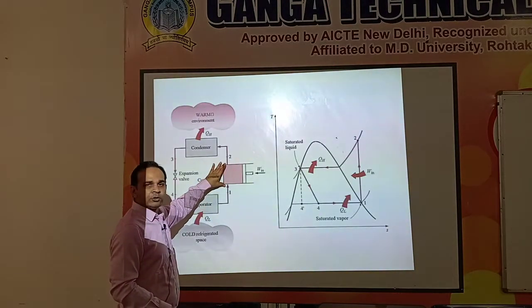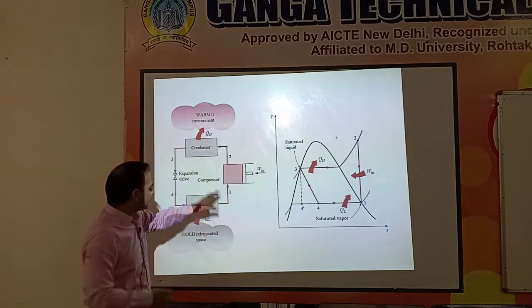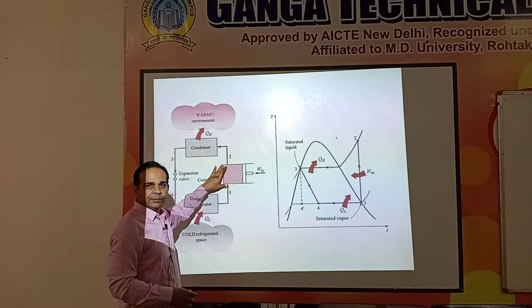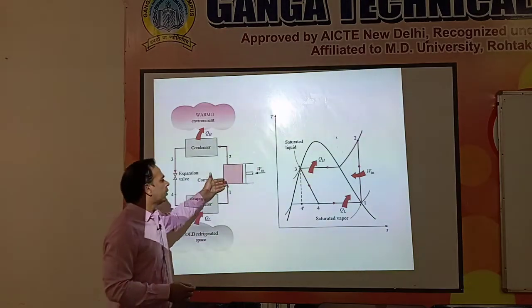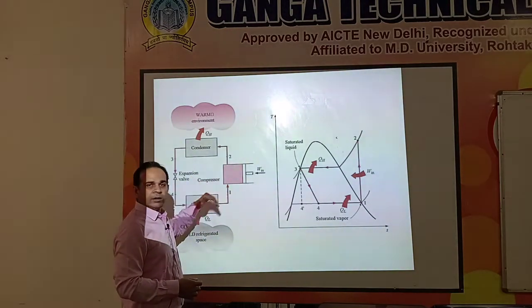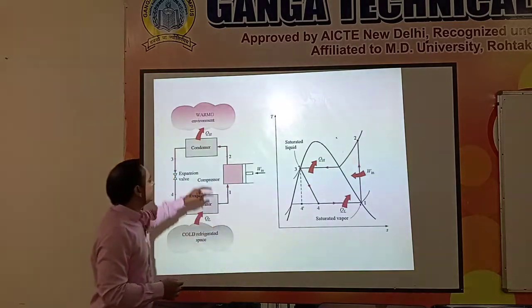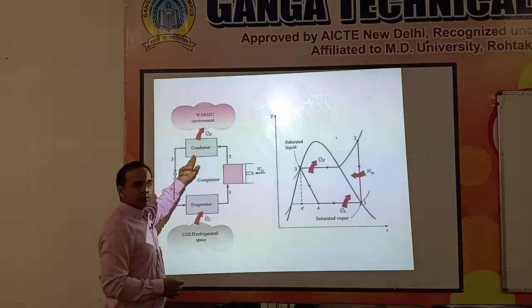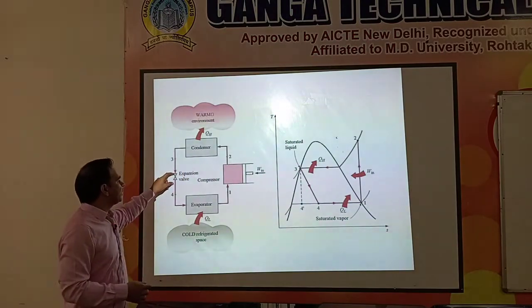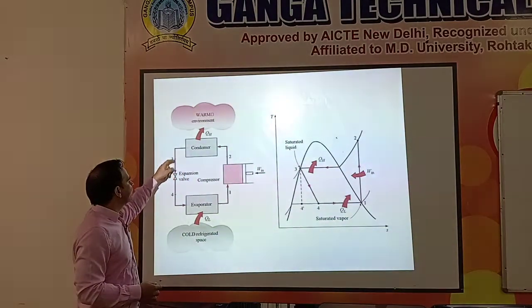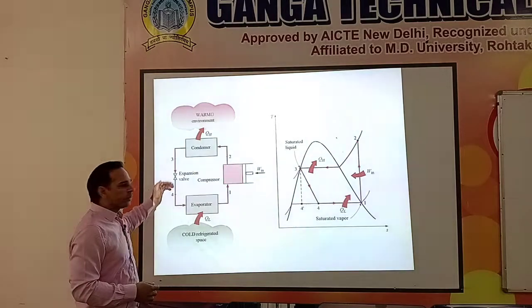When we are talking about the compressor, the process inside the compressor is ideally an isentropic process. So in the isentropic process, the pressure and temperature will rise. Then the condenser will work at a constant pressure process, and then the expansion valve will result in the lowering of the pressure.